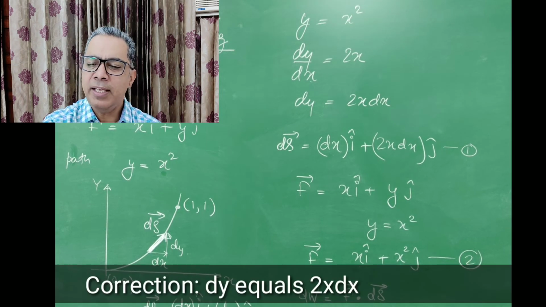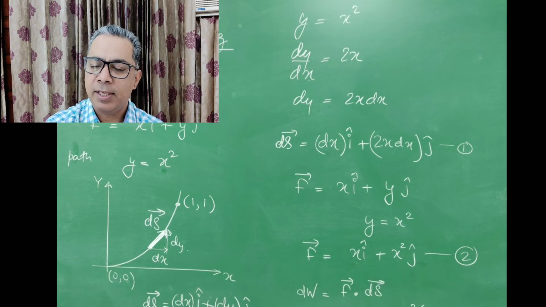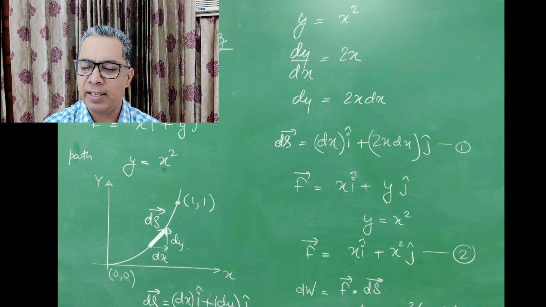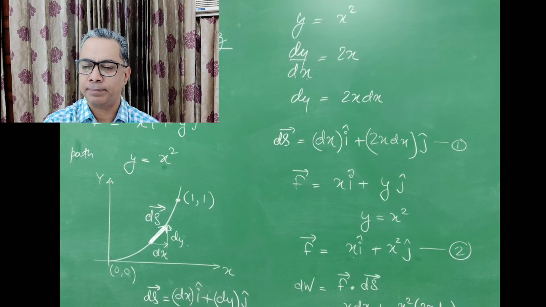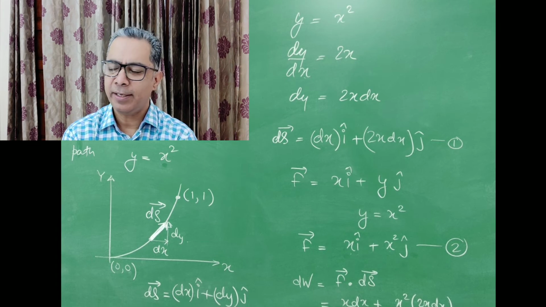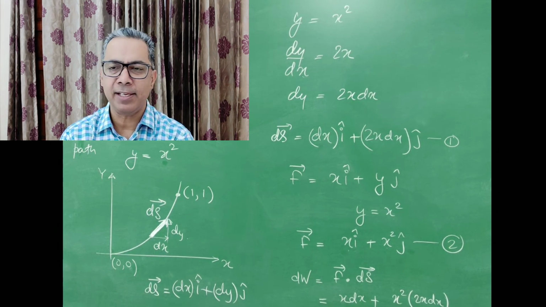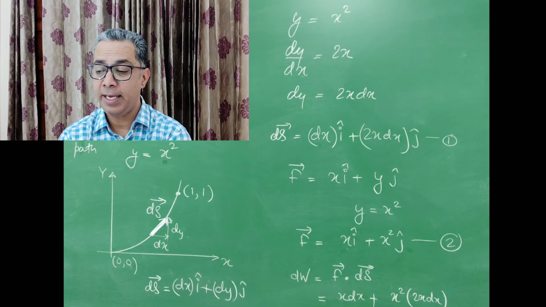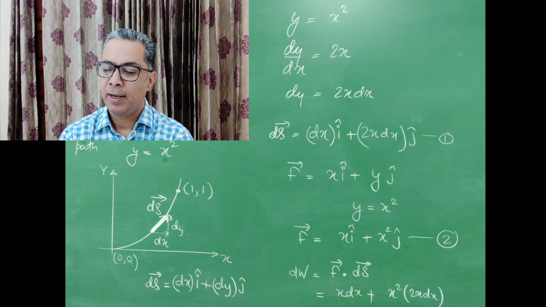Now what we do is, in the expression for ds, we substitute dy as 2x dx, and therefore we get ds equals dx i cap plus 2x dx j cap. The tiny displacement vector ds becomes dx i cap plus 2x dx j cap.